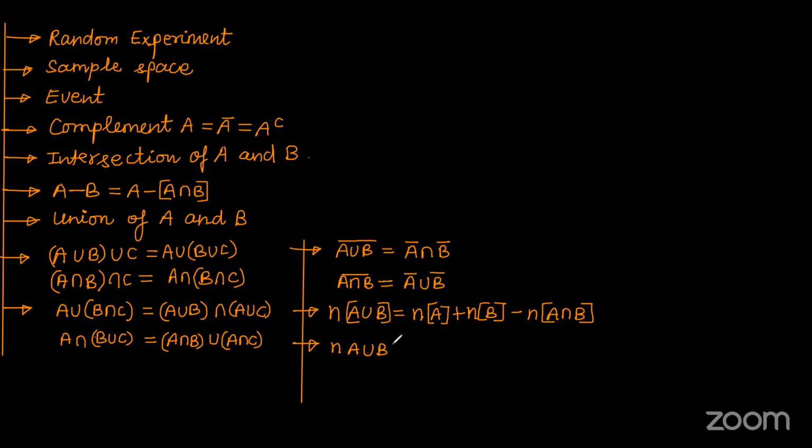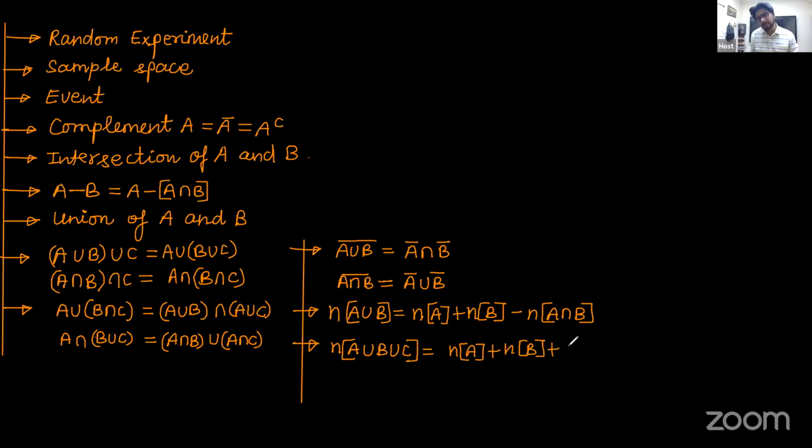Yes, sir. For A union B union C, the number of elements will be equal to the number of elements in A plus the number of elements in B plus the number of elements in C, minus A intersection B, minus B intersection C, minus C intersection A. That's it.